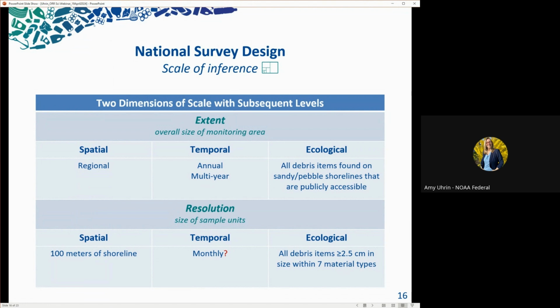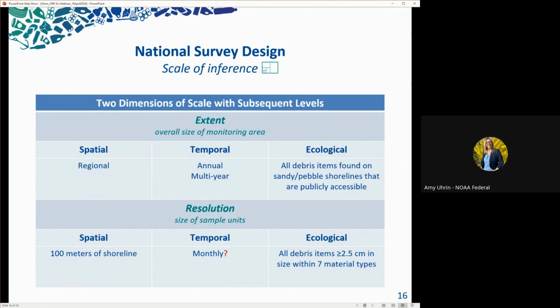And I'm going to mention it again later, but these regional designations were largely focused on prevailing coastal currents and evaluations of what are the geographic boundaries, if you will, of different types of marine debris. So were there types of marine debris that appeared more frequently in certain locations around the United States? And also a bit of the designations revolved around logistics, to be honest. So all this to say, our spatial extent for the purposes of designing a national level survey is regional.